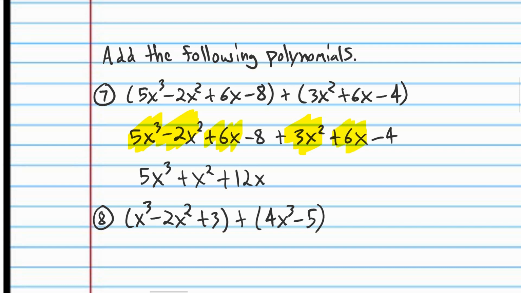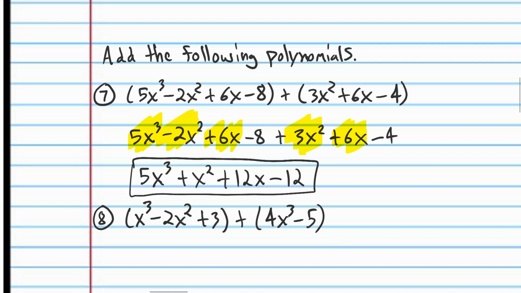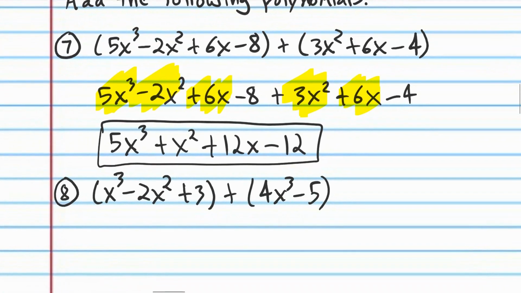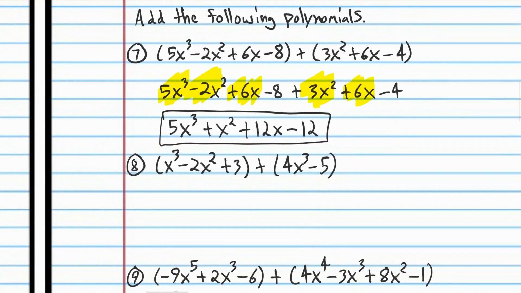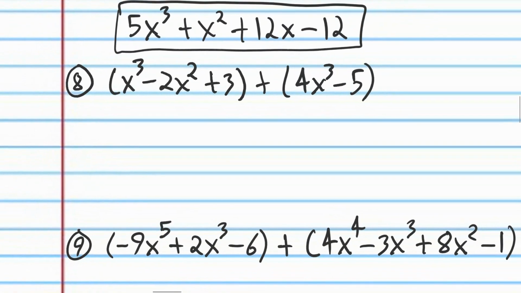And negative 8 minus 4 is negative 12. So there you go. And we could write the degree, but I'm not really going to make you do that in every problem because that's going to get kind of tedious to have to keep writing that over and over again.